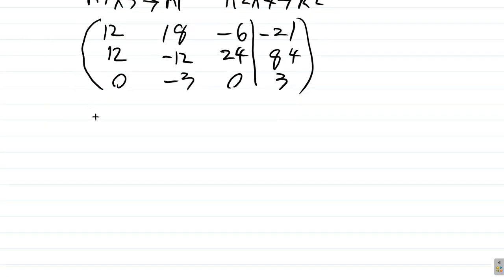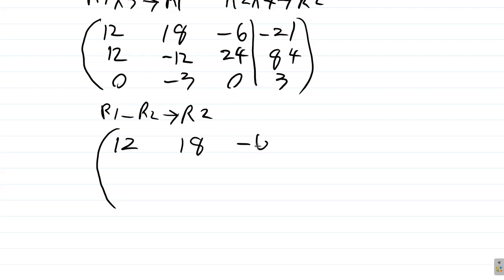After that now, what do we do? We're going to have row 1 minus row 2 gives us our new row 2. Let's write back row 1 as it is. We're not going to change row 1.